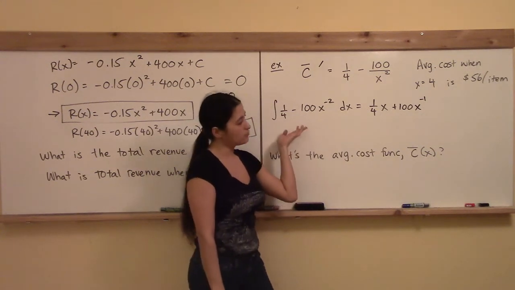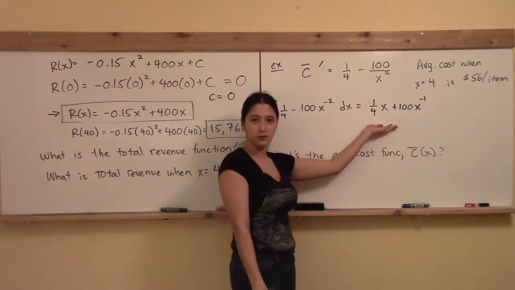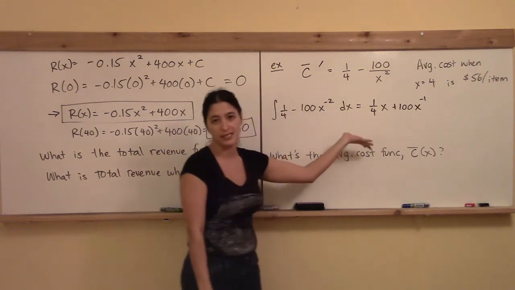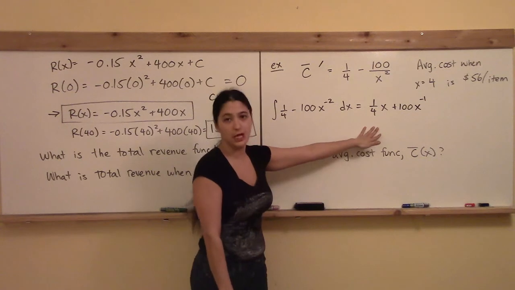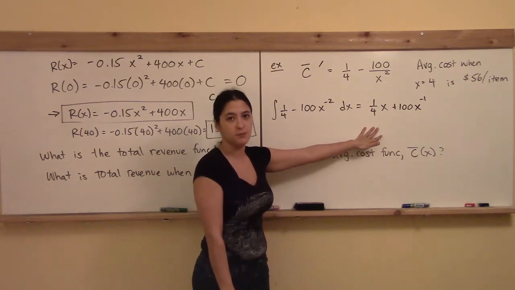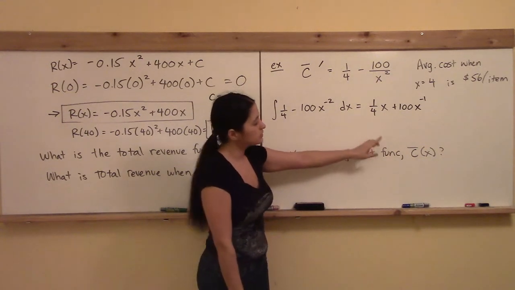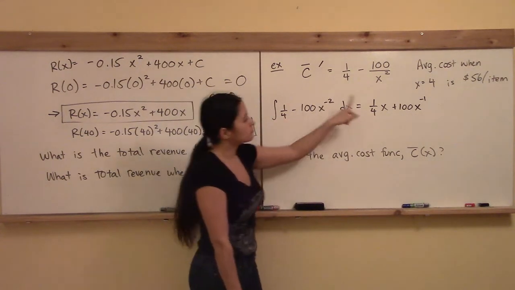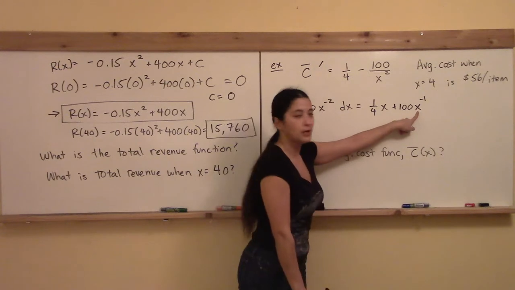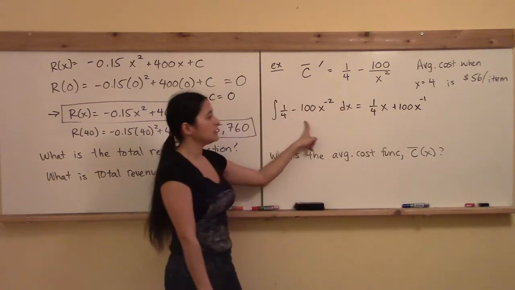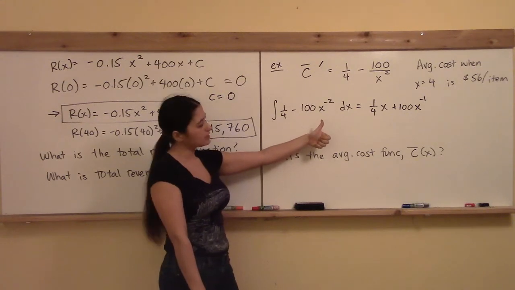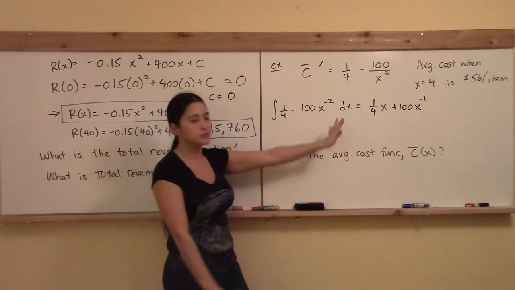Keep in mind that no matter which way you prefer to obtain the antiderivative, whether using the power rule directly or making a guess, you can always check your answer at this stage by taking the derivative. So once again, the derivative of 1/4 x is 1/4. The derivative of 100x to the minus 1 is minus 100x to the minus 2. Check. You should always check right at this stage before moving on.